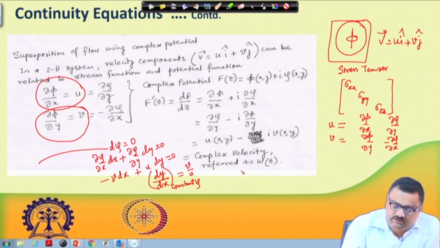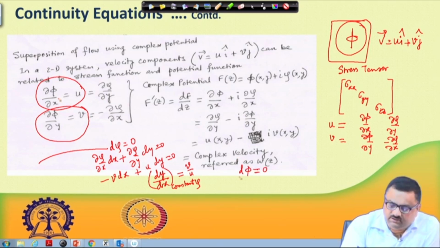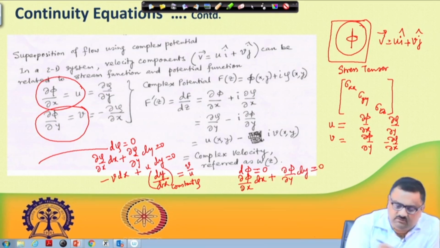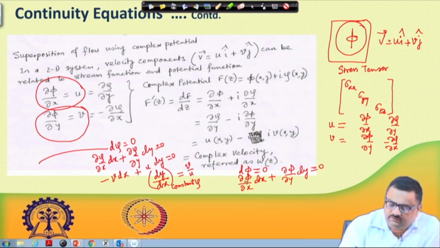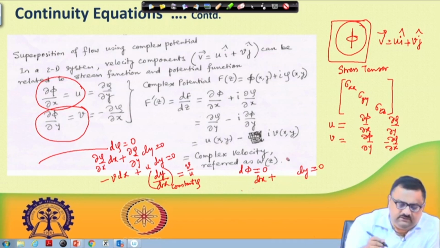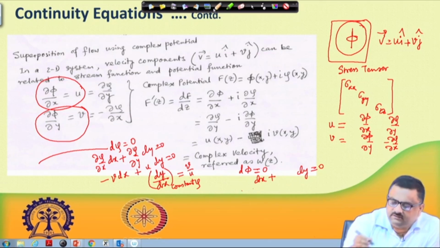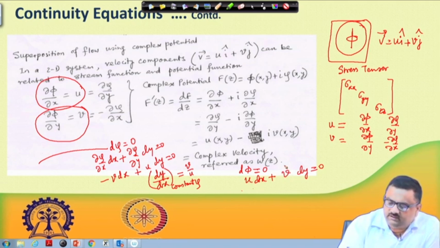Whereas, if we look at the potential lines, which says d phi is equal to 0, that means you have del phi del x dx plus del phi del y dy is equal to 0. So, now del phi del x is equal to u, and del phi del y is equal to v. So, what does this mean now?